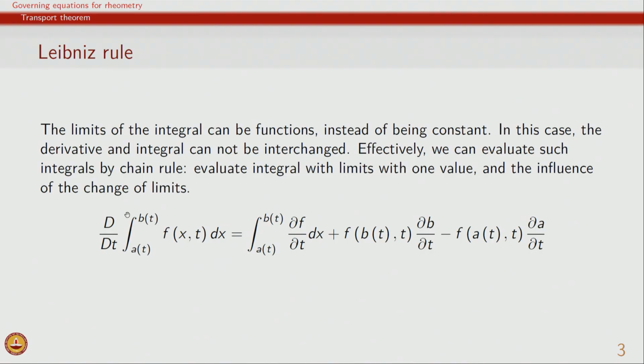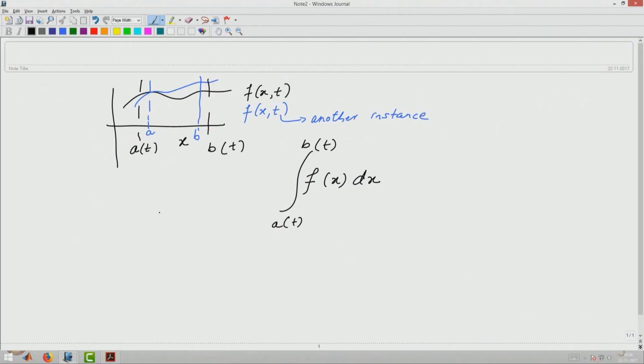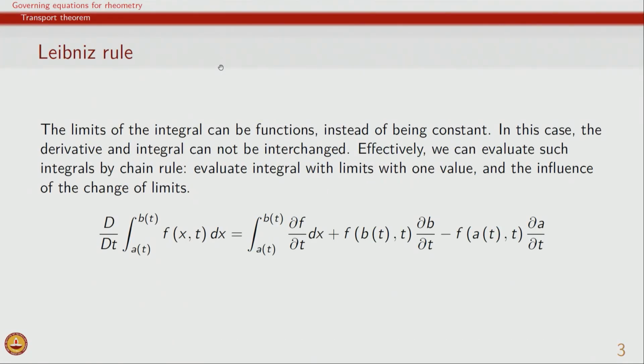So, the rule is as follows, that the derivative of an integral can be written in terms of two terms. One term is related to the derivative of the function itself over the same domain. So, the domain here is now from a to b. So, basically we are interested in solving the problem from a to b.